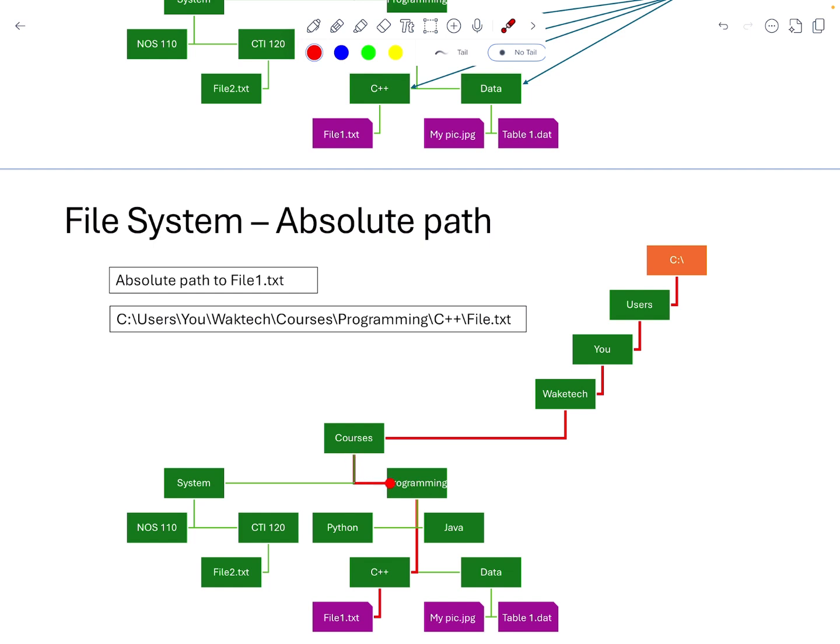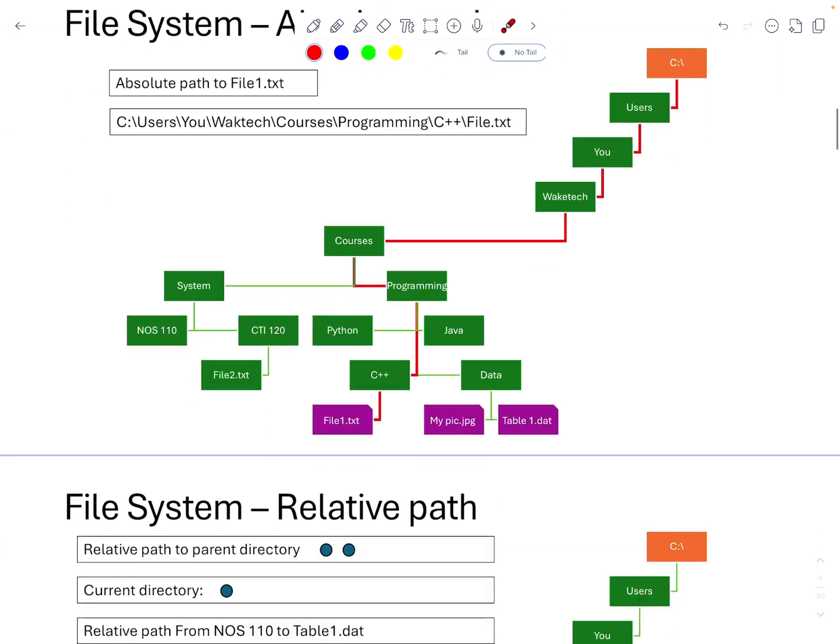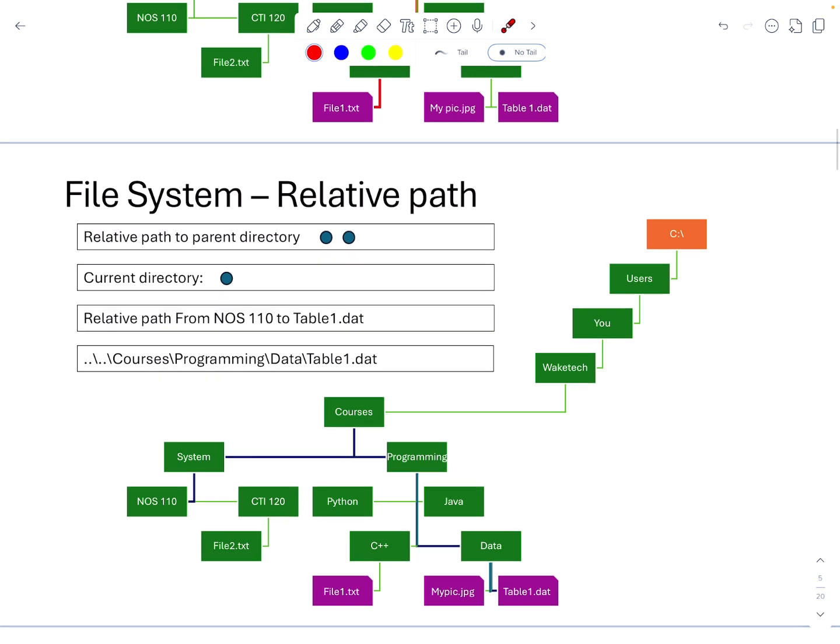So that's why it goes to programming. From programming, I reach C++, and then from C++, I reach my file1.txt, right? So that's the absolute path for resource file1.txt. I think there is a one missing here. I'll correct it. All right. So that's an absolute path.